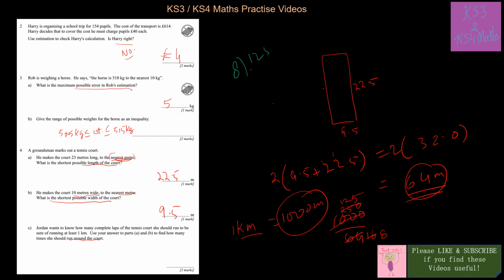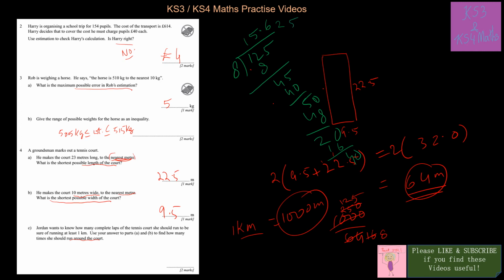So 125 divided by 8. 8 times 1 is 8, 8 times 5 is 40. We get 5 and then 0. So put a decimal here. 8 times 6 is 48, I get 2, I get 0. 8 times 2 is 16, I get 4 and 0, 5.